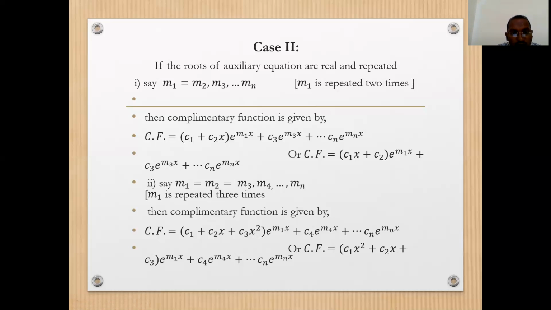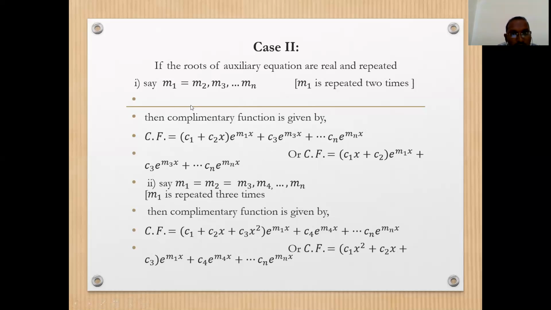You can write the complementary function like this: d1 plus d2x into e raised to m1x plus d3 e raised to m3x plus and so on dn e raised to mnx. There is no problem. We can use any constants for writing the complementary function.